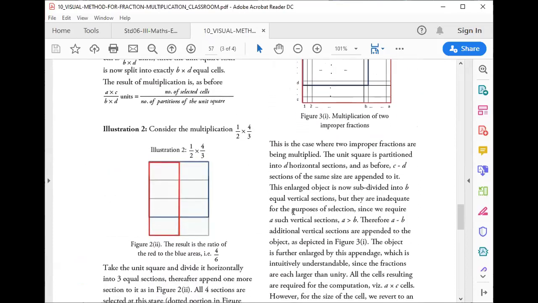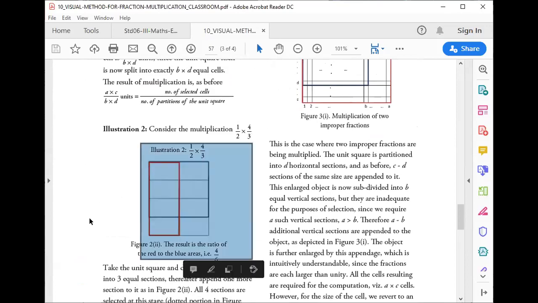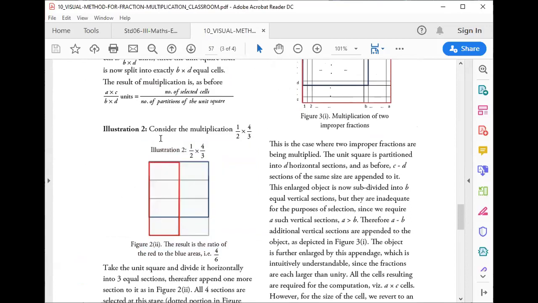Now let us look at this case. So it's a proper times an improper. You can see that this was the proper, this is the half thing, and how it kind of spilled over in the direction of the improper fraction. So that is very important.